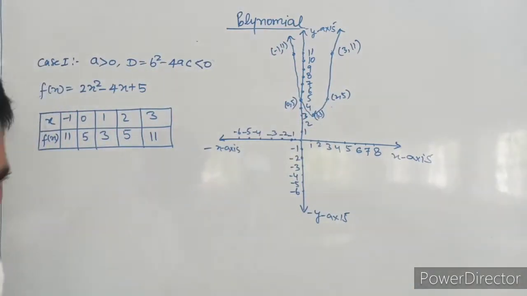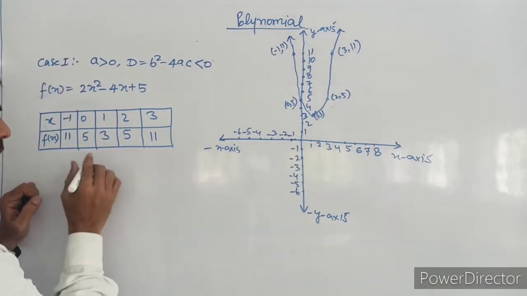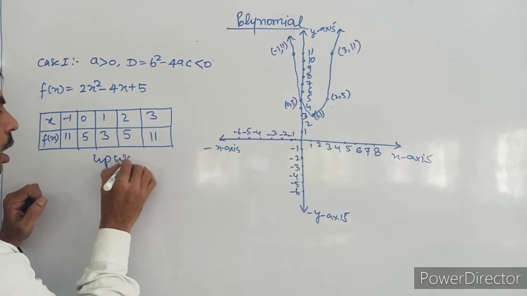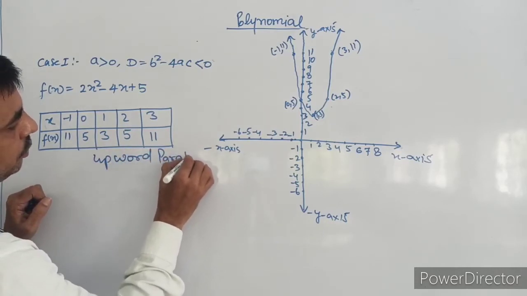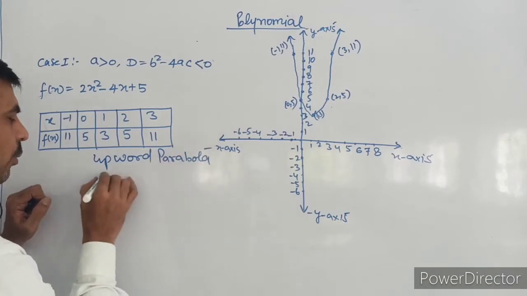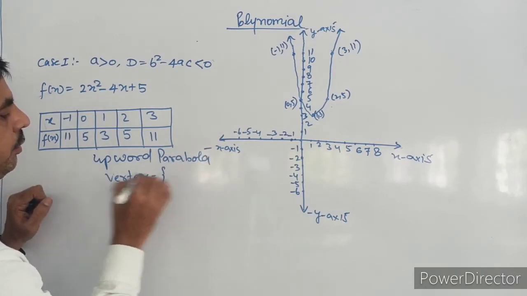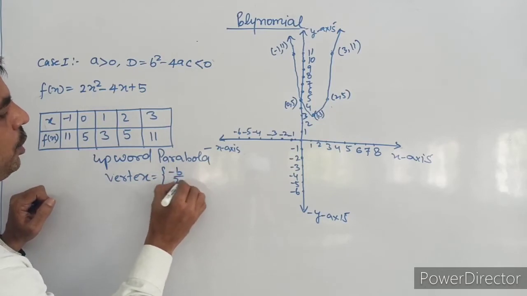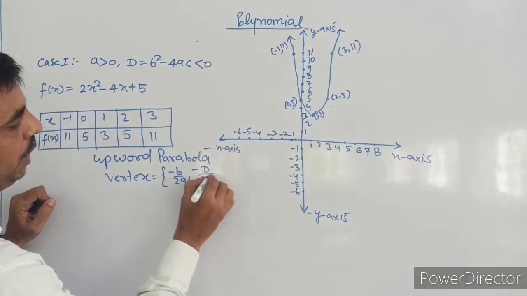The vertex of this, you also find, is an upward graph, an upward parabola. And the vertex is (-b/2a, -D/4a).